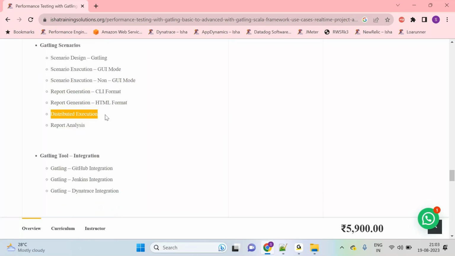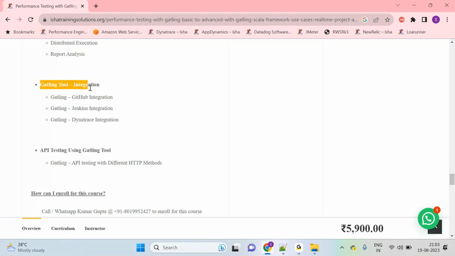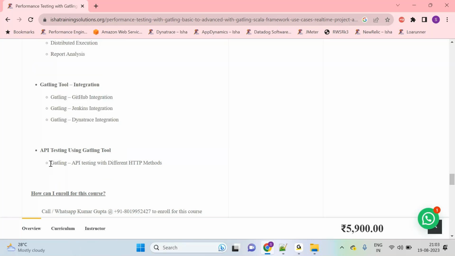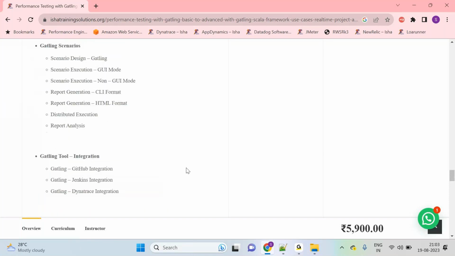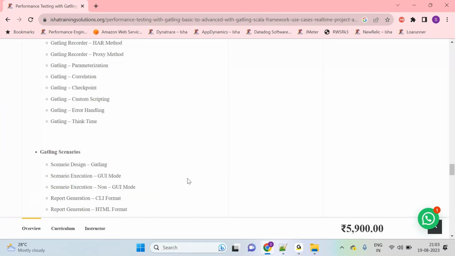Then you may want to do distributed execution or analyze your reports. The tool also has integration capability with GitHub, Jenkins, and Dynatrace. And if I wanted to do API level testing in Gatling, how am I going to do that? Scenario level testing and also API level testing, how to do it in Gatling.